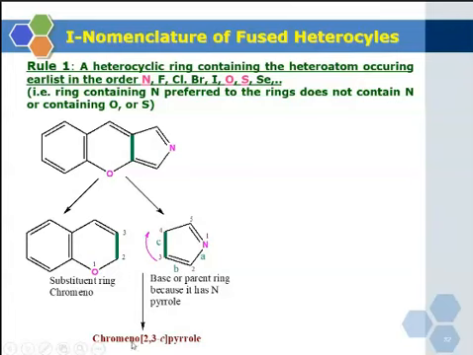Hence, chromeno[2,3-c]pyrrole. This pyrrole's C side is fused along the bond between position number 2 and 3 of the chromeno ring. Hence the name chromeno within square brackets 2,3-c pyrrole. Clear?